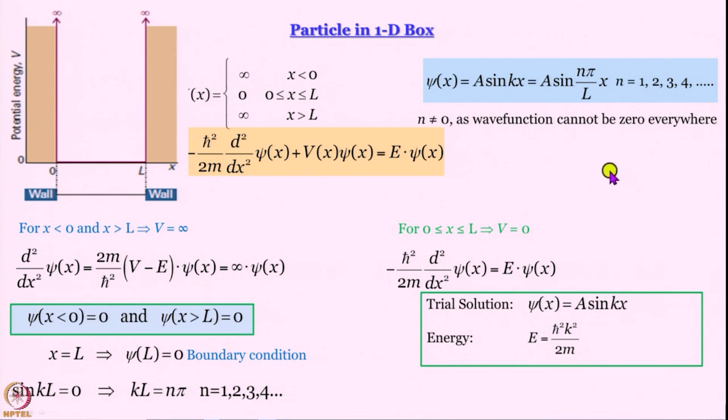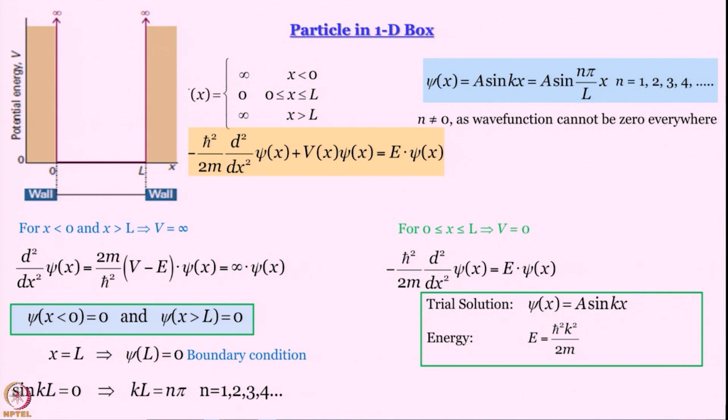But for other values of x between 0 and L, it is not necessarily 0. But if I put n equal to 0, then the wave function psi of x is equal to A sin 0, and that is 0.